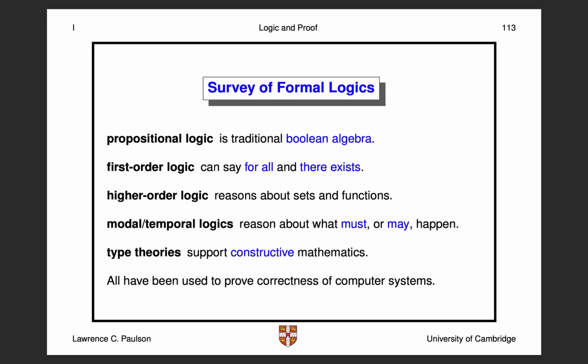Modal and temporal logics feature a tiny bit in this course, but they also have an important role in computer science more generally, mostly in connection with concurrency and making predictions about the future behavior of concurrent systems. Finally, there are type theories, a great variety of them.